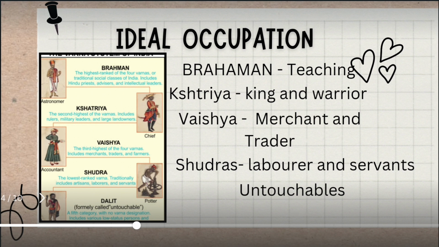Like that, as per the Dharma Sutras and Dharma Shastra, for Brahmanas, teaching; for Kshatriyas, kings and warriors; for Vaishyas, merchants and traders; for Shudras, laborers and servants. Apart from these, untouchables, those who were living outside of society, were using discarded materials.